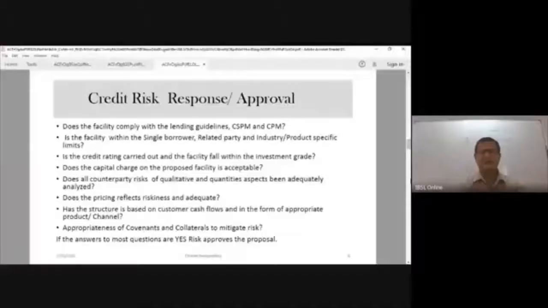So we come back to our presentation again. In that we said, is the capital charge on the proposed facility acceptable? Now, if you look at the board, I said a company which carries 20% risk weight is a AAA company. That is, A has a AAA credit rating classification and will carry only 20% risk weight.